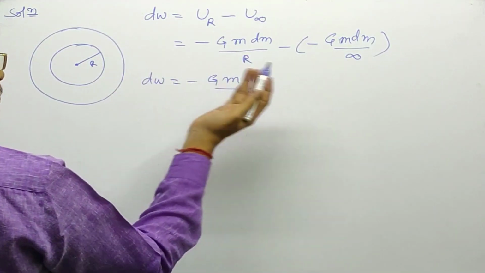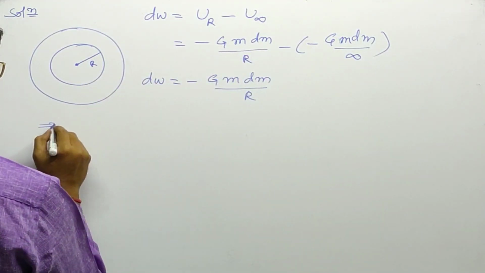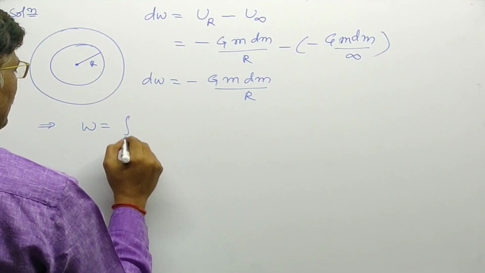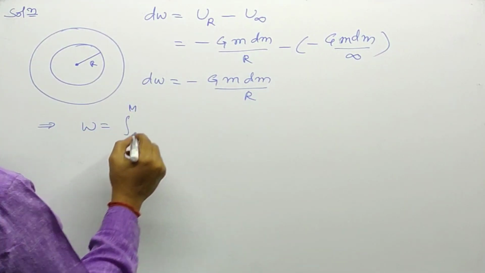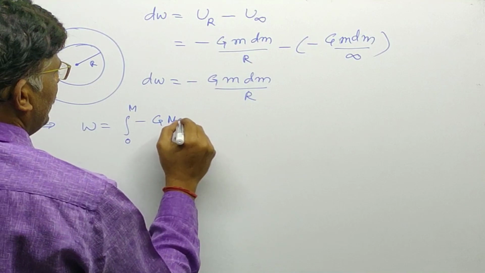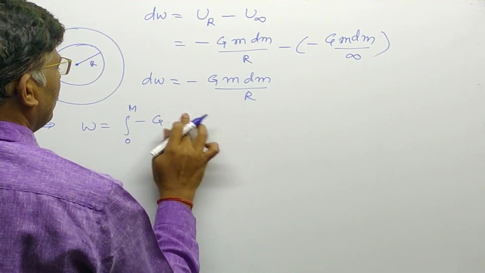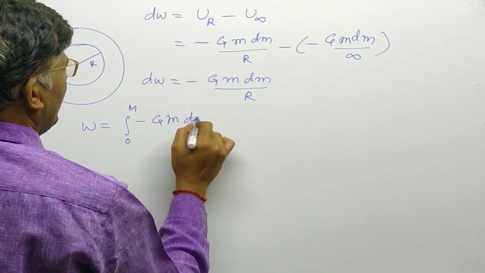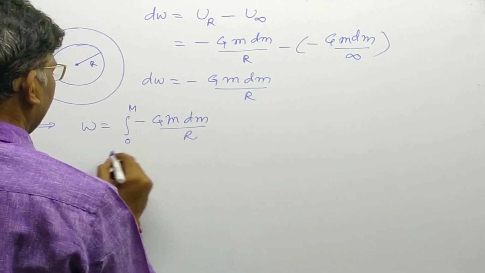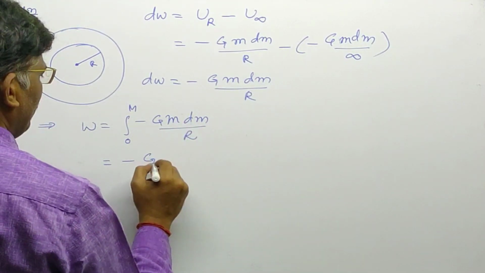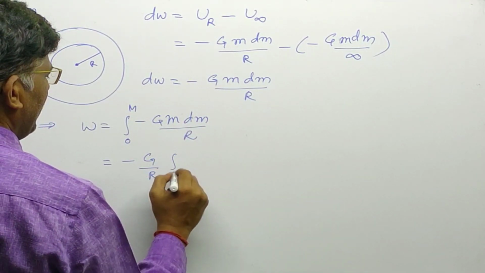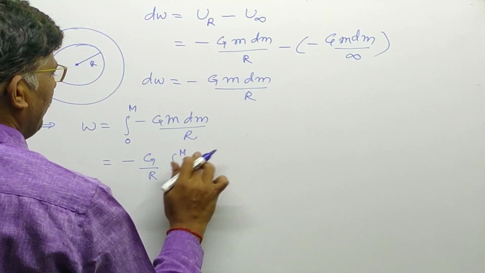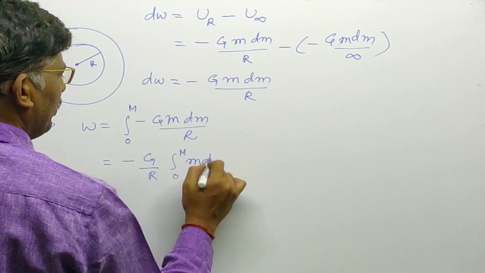For the total amount, W is equal to integral from 0 to total mass of minus G m dm divided by R, that is equal to minus G by R integral 0 to M of m dm.